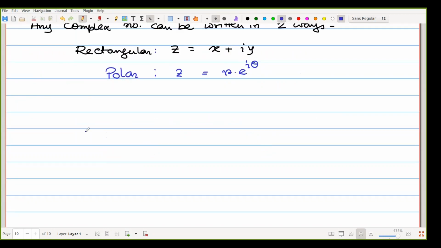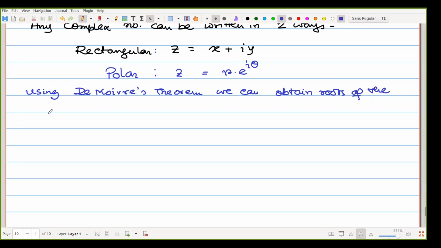That means using de Moivre's theorem, we can obtain roots of complex numbers.